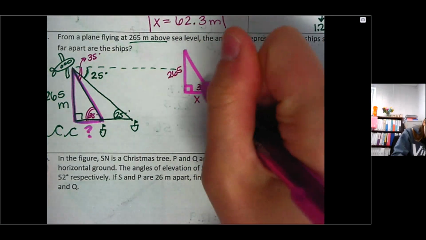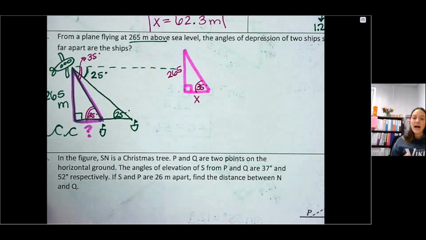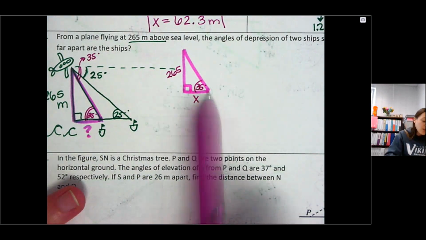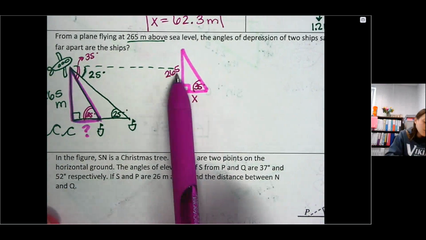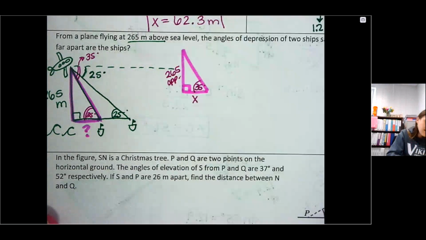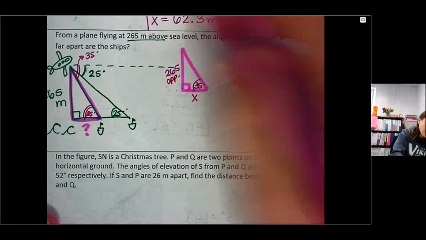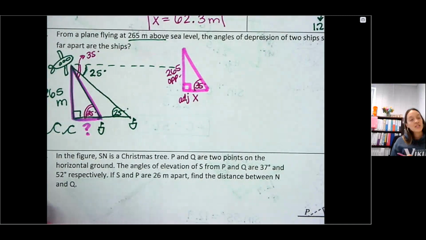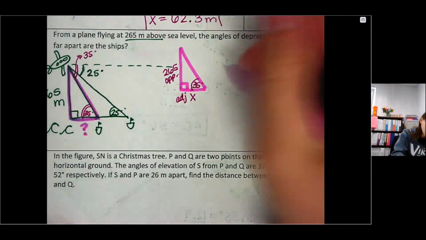I'm just going to call this side X. All right, so we're going to figure out what the distance is from where the plane is to the ship at 35 degrees. So if I label my sides, 265 is across from the 35, so this is opposite. And X is next to the 35, so this is adjacent. So opposite and adjacent uses tangent.